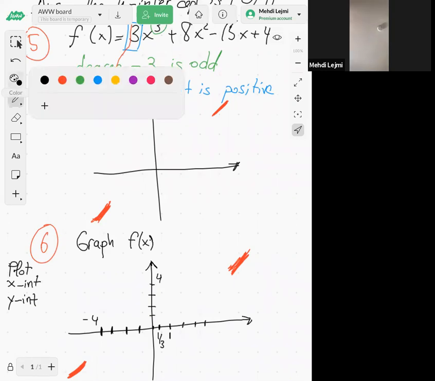So first you plot the x-intercepts: -4, 1/3, and 1. Plot the y-intercept, it's (0, 4). Then all you have to do is join the points. We start from the bottom right here and go to -4. Now the question is, do we cross the x-axis or just touch it and turn around?